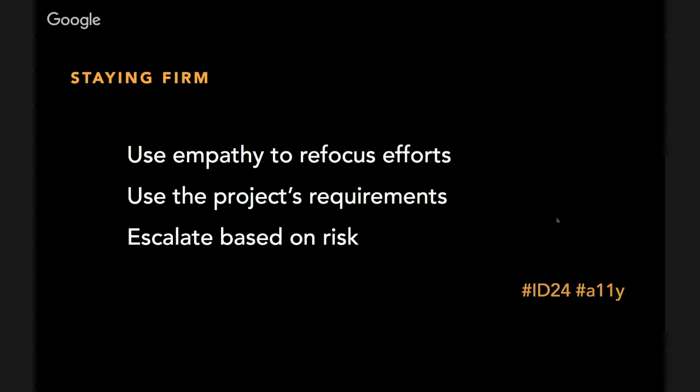That often isn't needed if I'm using empathy and project requirements effectively. So documenting and communicating those are really key in remaining firm and helping to champion accessibility even in the face of adversity.